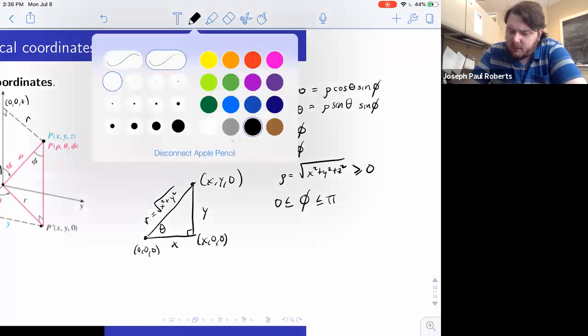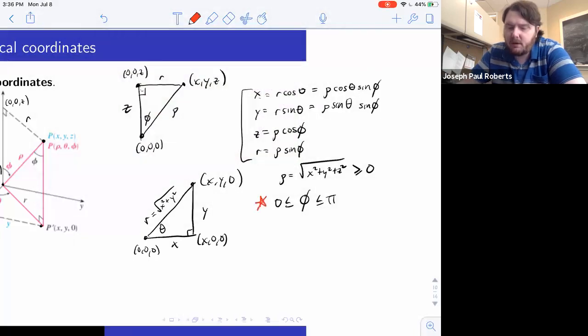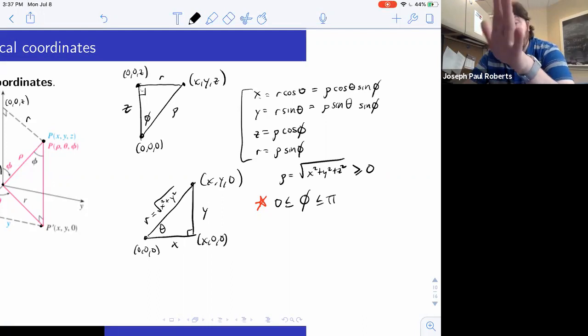Something else we're going to do, and I'll explain why later, is enforce that phi is always between 0 and pi. With polar coordinates, you usually think about theta as 0 to 2 pi, but sometimes you might relax that. For example, if you wanted the right half of a disk, you would let theta go from minus pi over 2 to pi over 2.